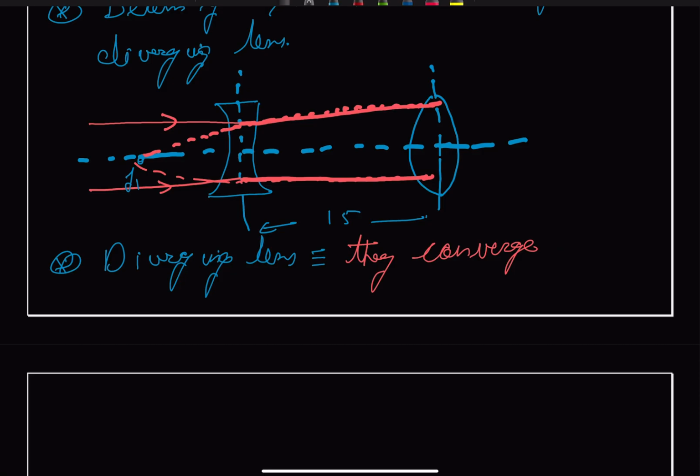Let me write straightforward. They appear to converge at the focus. That would be much better. So therefore, the image that will be formed, let us call that I1. That image will be virtual.